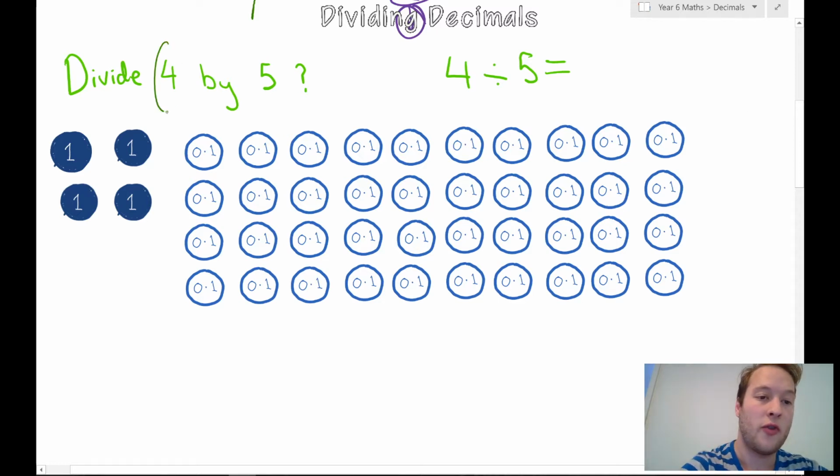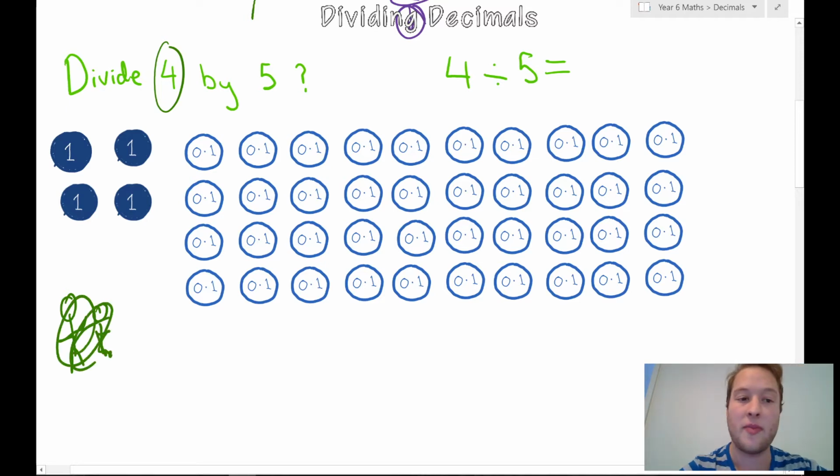I've got my 4 written right here as wholes: 1, 2, 3, 4. For me to divide it now, I'm going to have to split it up, because if I had 4 and I wanted to give it to 5 people, here are my 5 people over here. Pretend there's 5 of them. Now you get the idea. I've got 5 people and I can't share it equally to them.